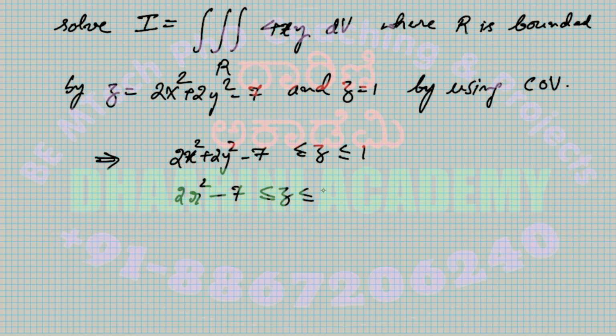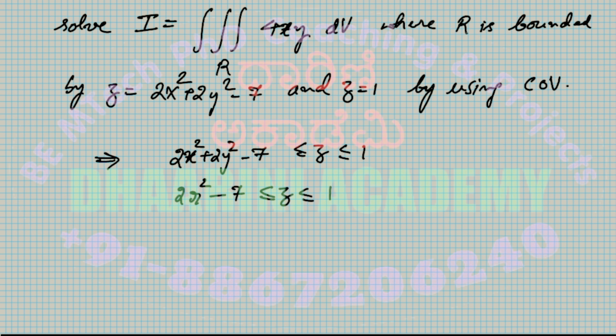You see, you converted your limits given in the xyz coordinate system into the r theta z coordinate system, correct? So you got the limit of z. Are you fine?